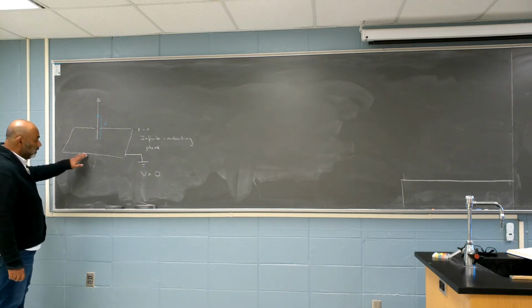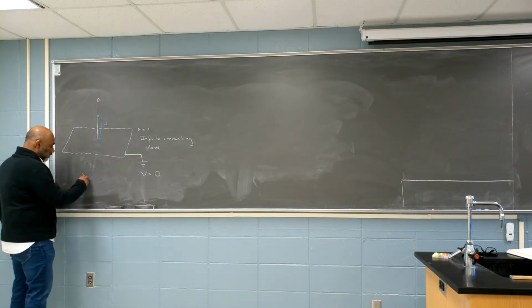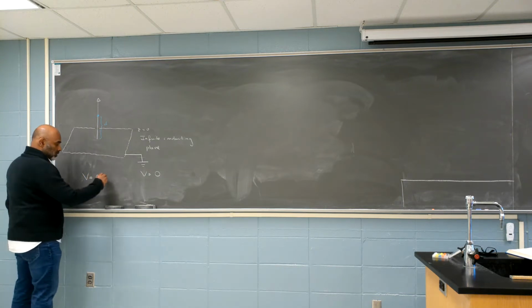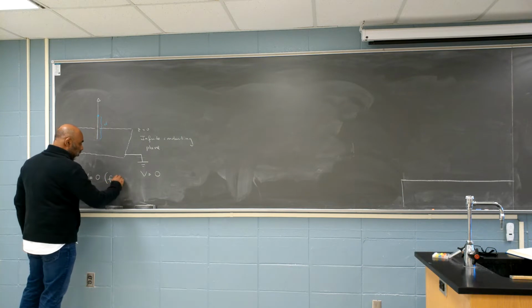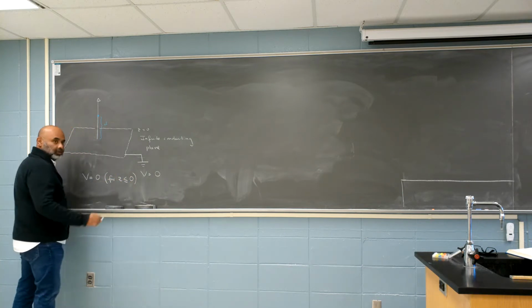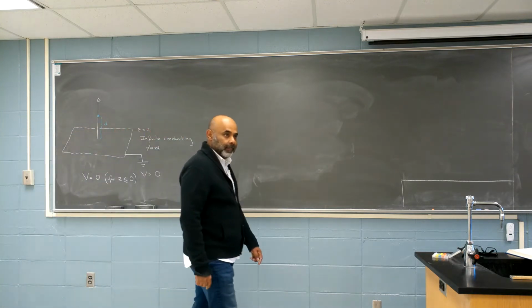First of all, this is V equals 0. There are no charges here. So one thing that satisfies the Laplace equation is V equals 0 below, for z less than or equal to 0. The real question is, what's the potential above?